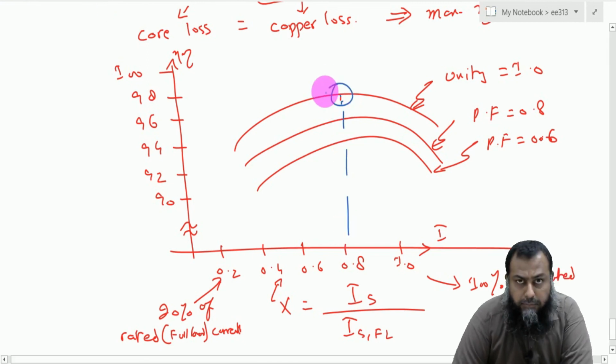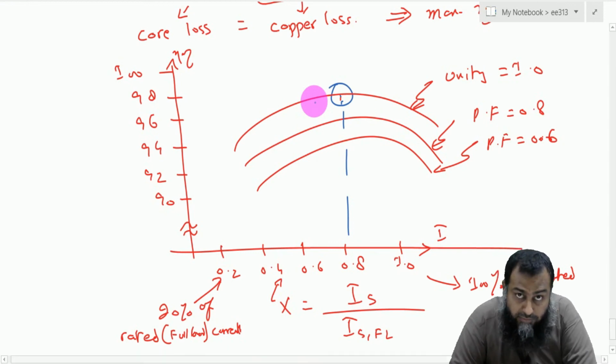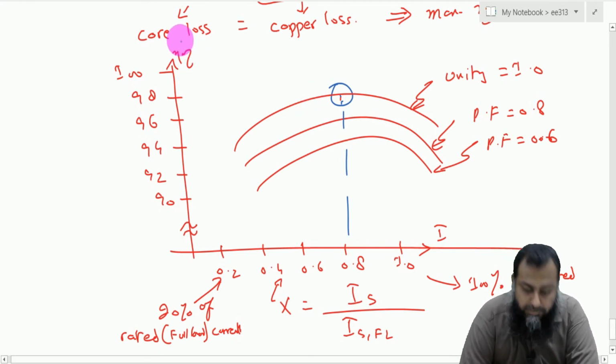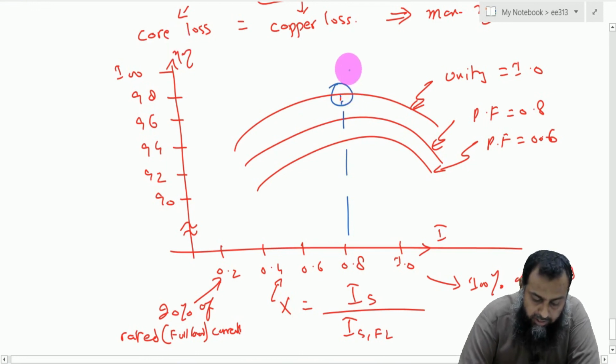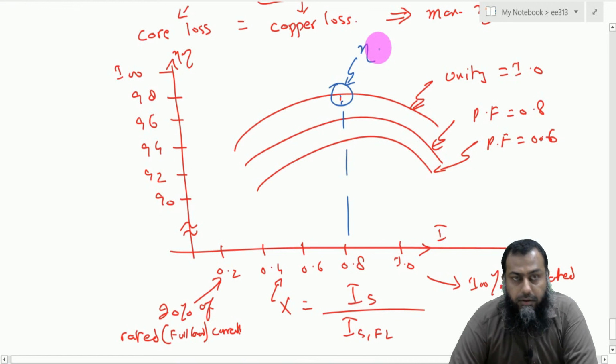It could be somewhere here, because this diagram is not to scale. It is just an idea that gives you that in order to have maximum efficiency, the current should be such that the copper loss is equal to the core loss. And when this happens, that particular point gives you the maximum efficiency of a given transformer.